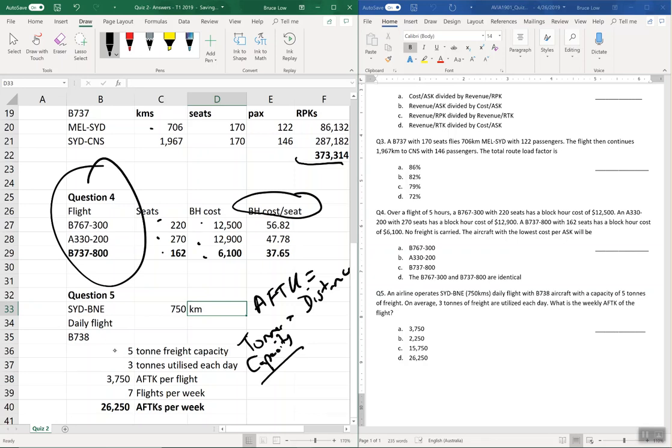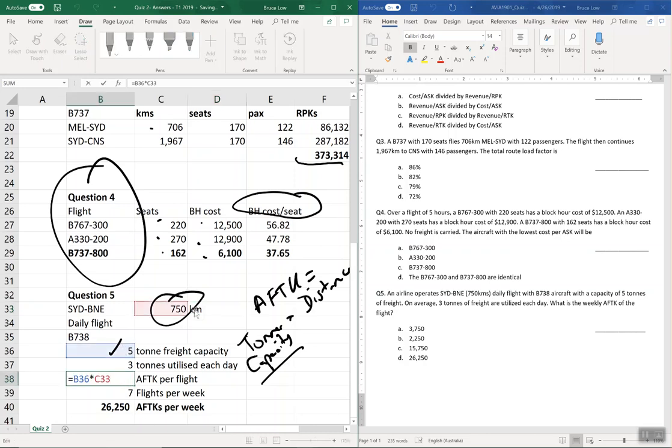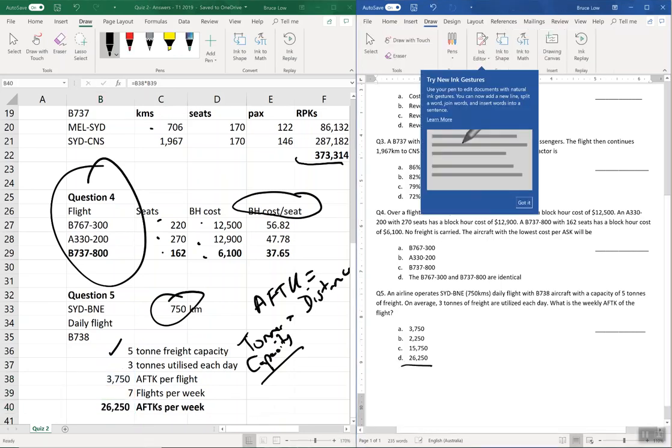So you've got 5 tonnes of freight capacity and you've got 750 kilometres. So your AFTKs per flight is 5 times 750, which is 3,750 per flight. And we're asked what is the weekly AFTKs for a daily flight. So if we multiply that by 7, we get AFTKs per week, which is 26,250, and that answer is D. And that's it.